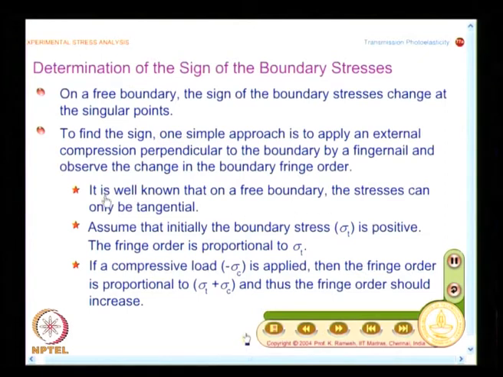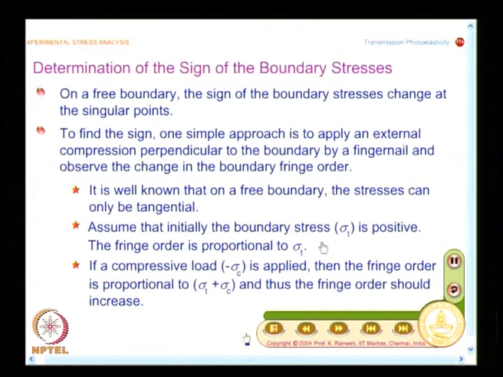First principle is, it is well known that on a free boundary the stresses can only be tangential. So, this is the first point that you need to keep in mind, and for our discussion let us assume that initially the boundary stress is positive. So, I label it as sigma t.